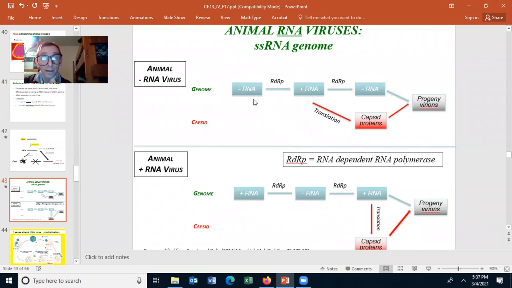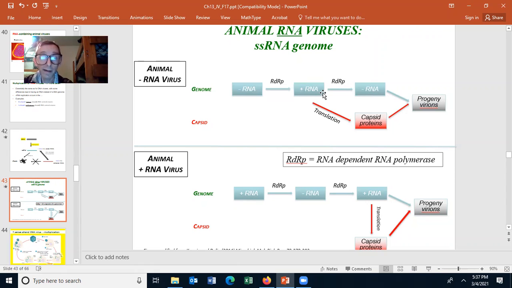Now, for the negative single-strand RNA animal viruses, they replicate their genome by making a positive strand, single-strand RNA, that's the corollary to the negative strand, and then making the genome, the negative single-strand RNA, from the corollary, the positive strand.